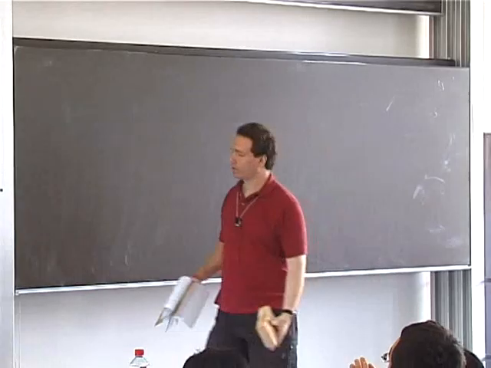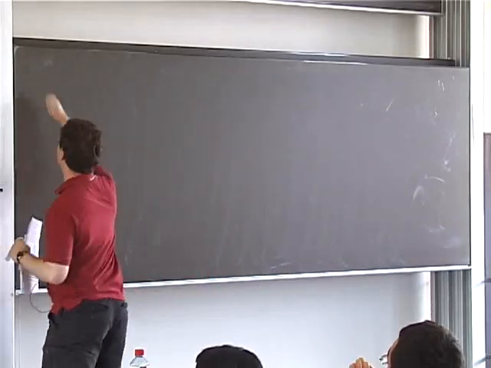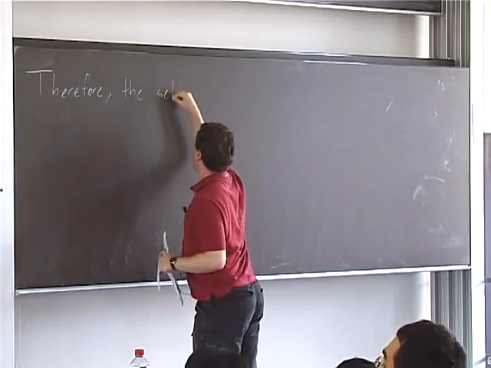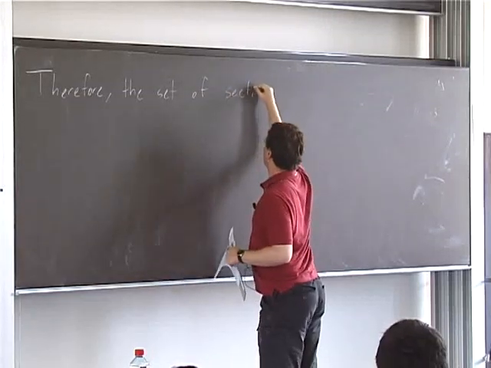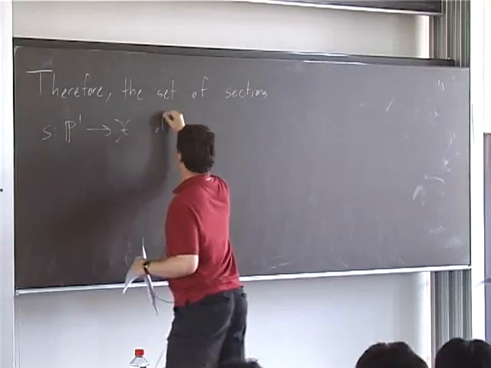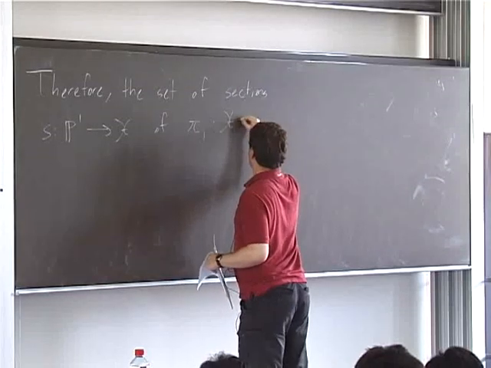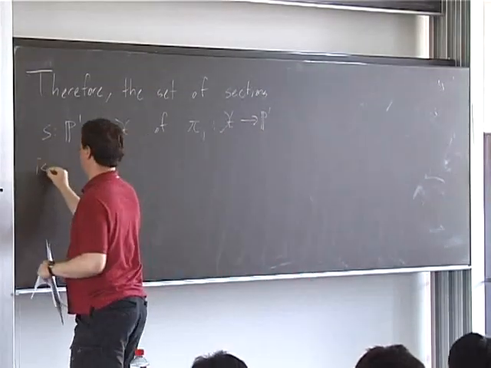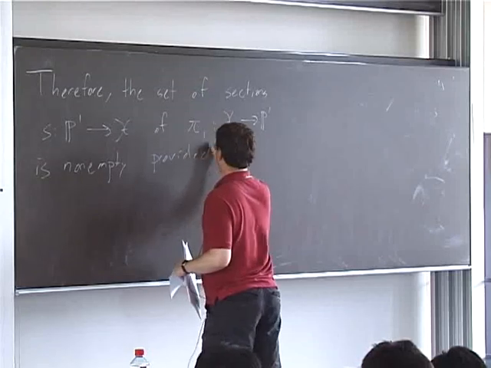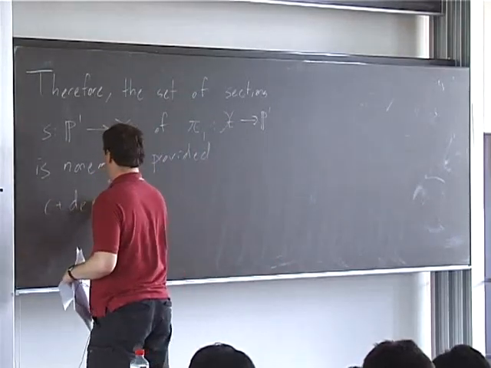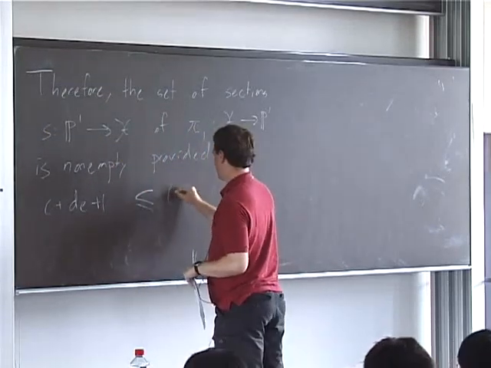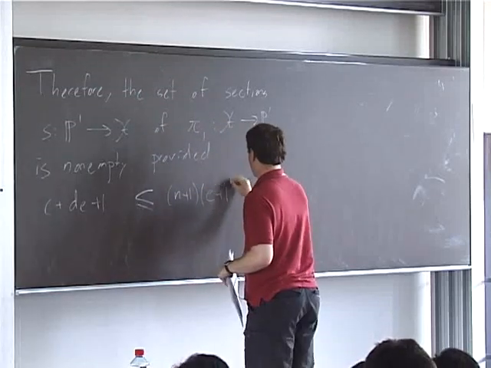So what we conclude is that therefore the set of sections S of P1 to X of this projection is non-empty, provided the number of equations, which is c plus de plus 1, is less than or equal to the number of variables, which is (n plus 1)(e plus 1) minus 1.